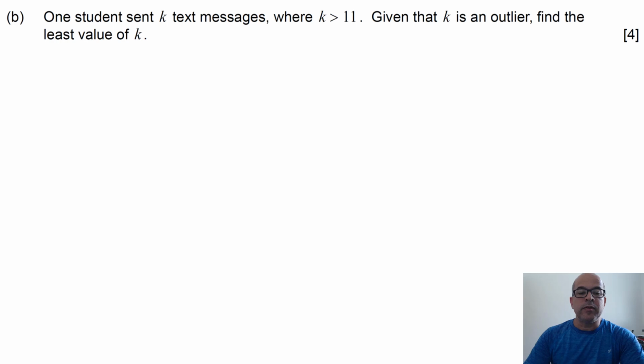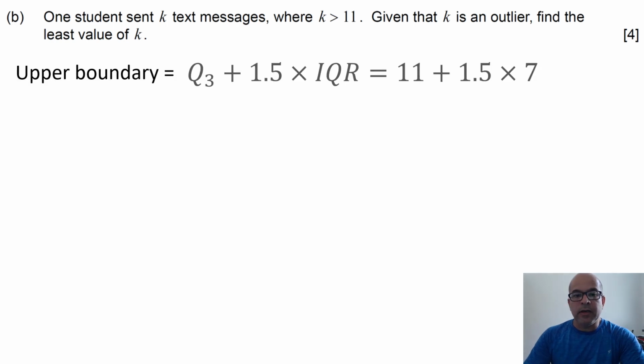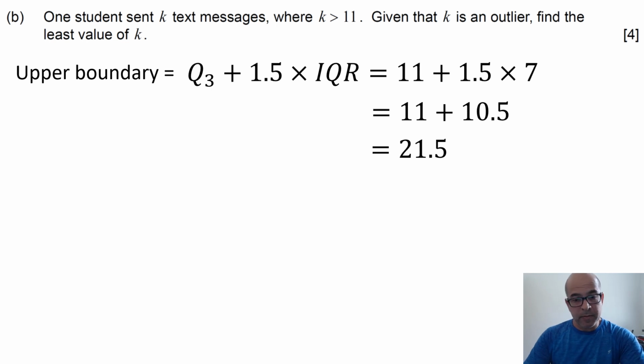So the upper boundary would be Q3, which is 11, plus 1.5 times the interquartile range, which is 7. 1.5 times 7 is 10.5, and this upper boundary is 21.5. It means that any value of the data that is bigger than 21.5 is considered an outlier.